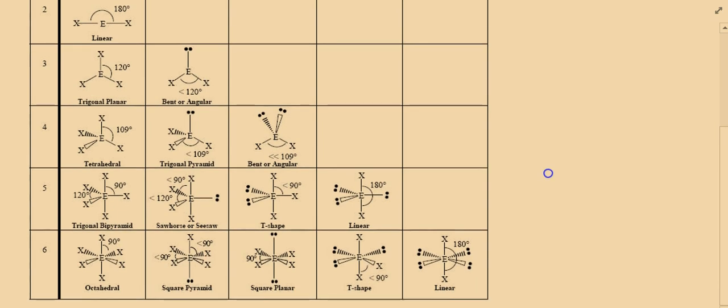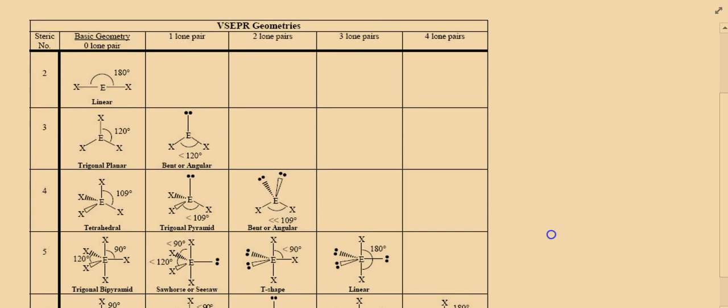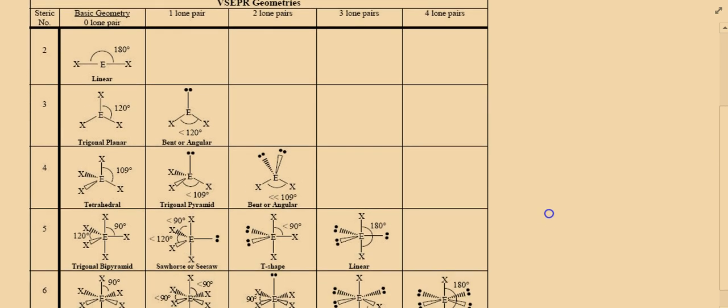In this chart here, we've been given a whole bunch of three-dimensional structures. They don't look three-dimensional on paper or on your screen because it looks kind of flat, but if you look at this kind of structure, for example, the tetrahedral structure, this wedge here that I'm coloring in sort of represents an atom coming out of the page.